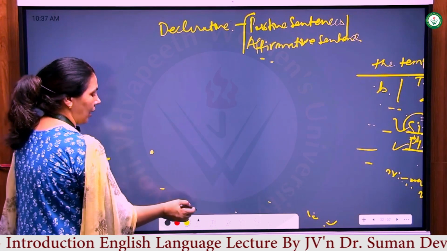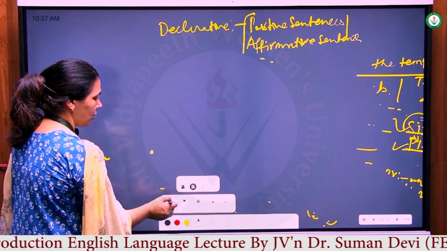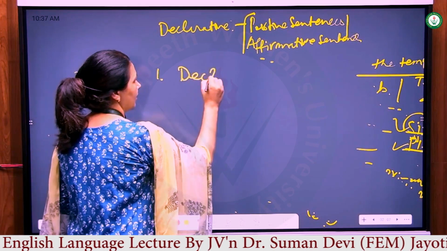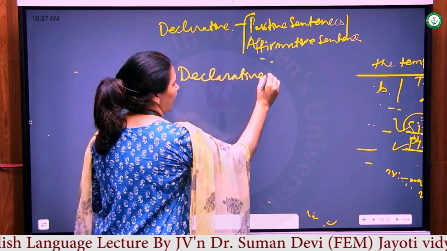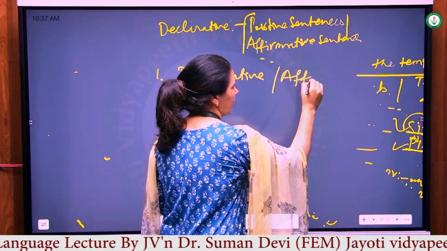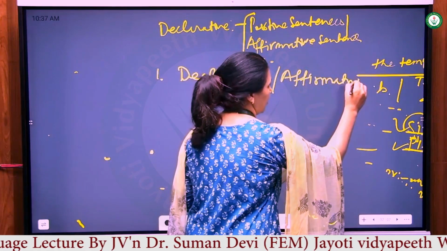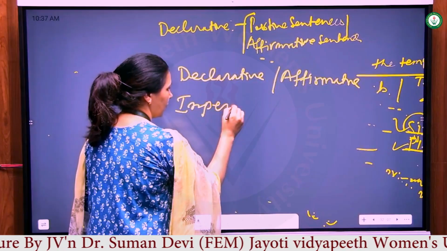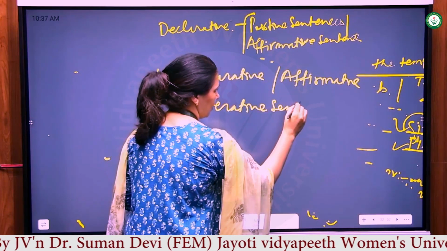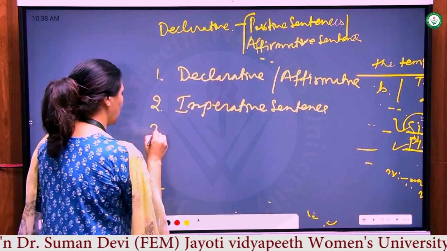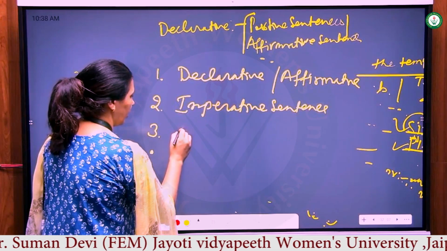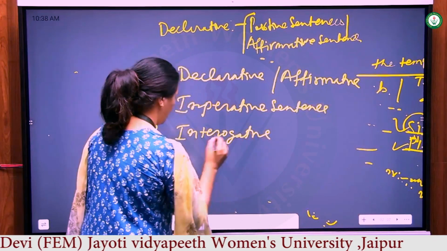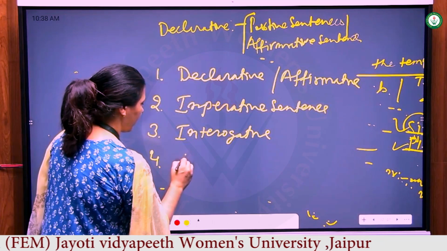So we are telling about a statement and there is a subject and there is a verb also, right? Now let's go for the recap. In the recap we have done 4 types of sentences. First we discussed the declarative sentence, which is also an affirmative sentence. Second, imperative sentence. Third, interrogative sentence. And fourth is exclamatory sentence.